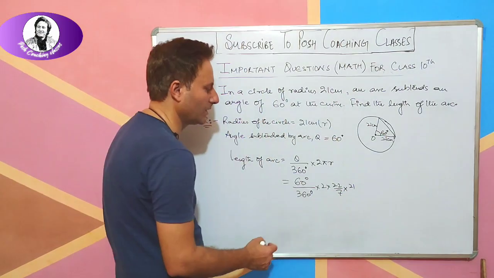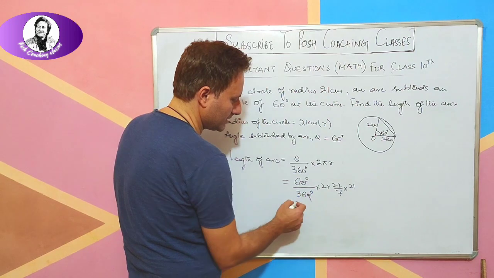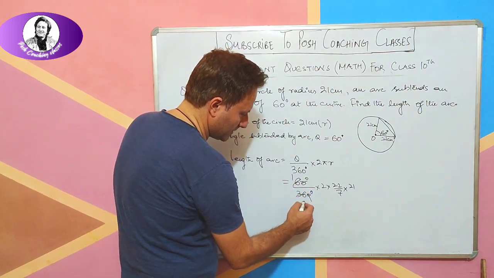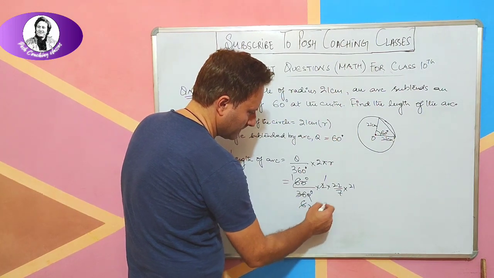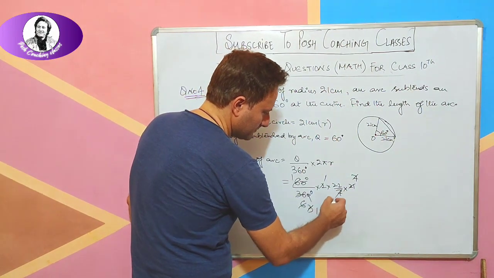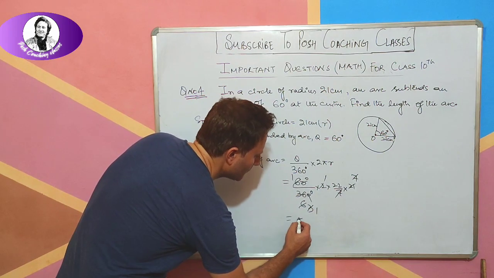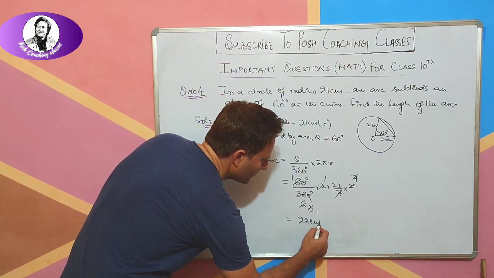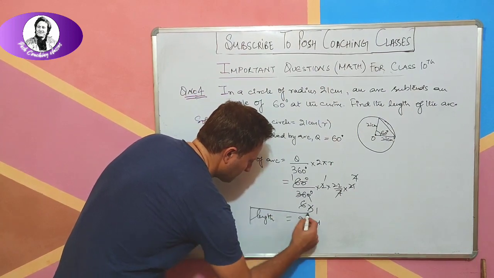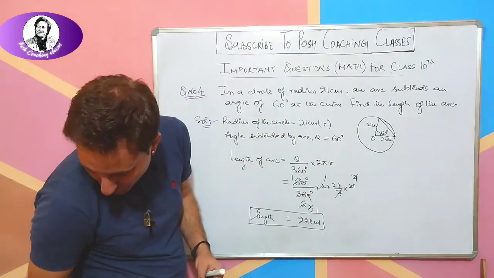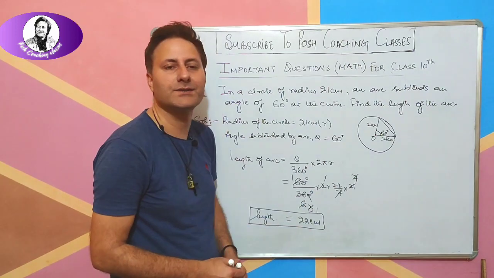R is 21. That's 63, 6, 6 36, 2 3, 7. So what is left? We have 22 centimeter. 22 centimeter is the length of the arc.